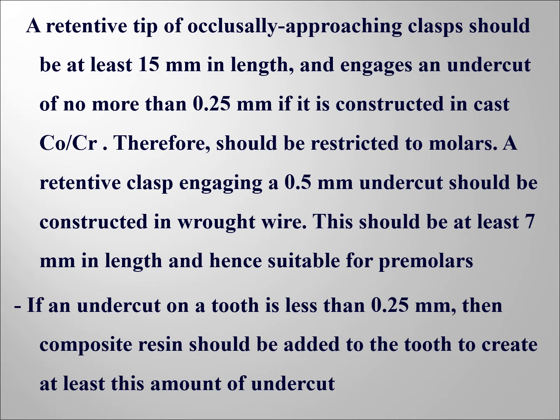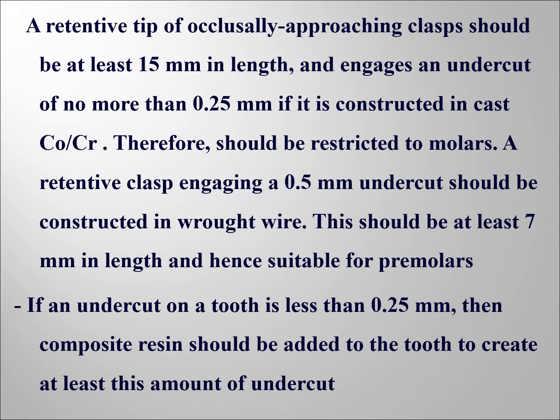Now, the retentive tip of an occlusally approaching clasp should be at least 15 millimeters in length and engage no more than 0.25 if made in cobalt chromium. And this should be restricted to molars. Now, a retentive clasp engaging a 0.5 or 0.75 millimeter undercut should not be made in cobalt chromium. So if you use cobalt chromium occlusally approaching on molars, you can engage an undercut of 0.25.